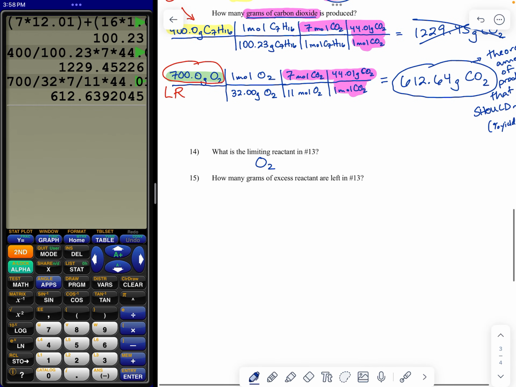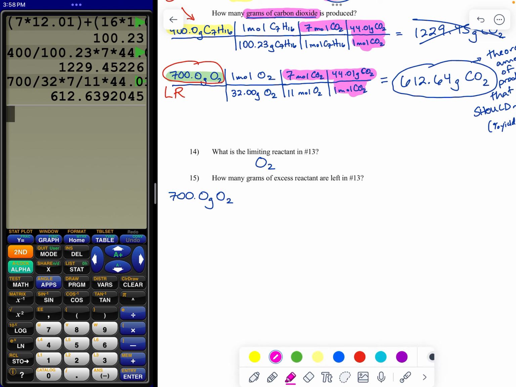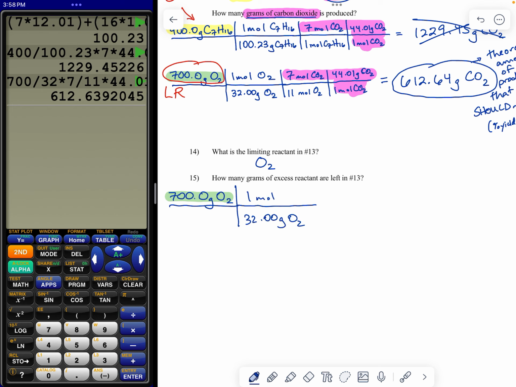So down here, because we know that oxygen is the limiting reactant, we can start with the limiting reactant, and we can figure out exactly how much of that heptane we're actually going to use, because we're not using all 400 grams. So let's see how much actually gets used with the 700 until it runs out. 32 grams of O2, 1 mole of O2, mole to mole ratio.